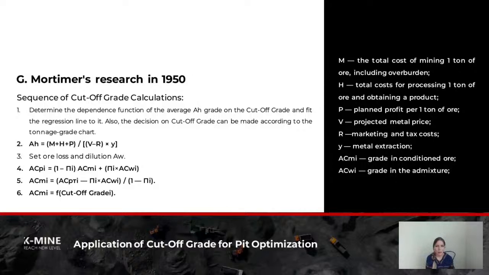Compare this with the implicit every-ton-pays-for-itself goal of a simple break-even cutoff. And the second component of Mortimer's definition is focused on cost and product price and generates a simple break-even cutoff. However, neither of Mortimer's definition cutoffs accounts for the capacity of various stages of the mining and processing plant.